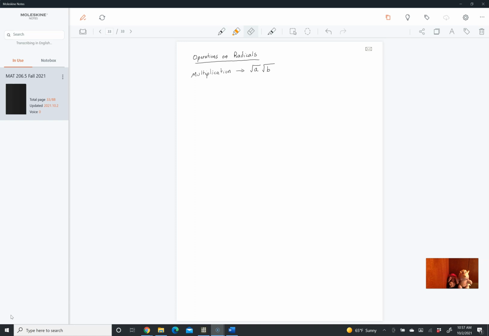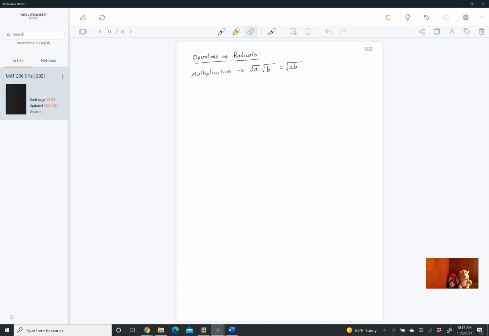So remember that square roots is raising something to a half. So if you have a to the 1/2, b to the 1/2, then what we're really saying is that that's the same thing as a times b to the 1/2. Or square root of a, square root of b is the same thing as square root of a times b.